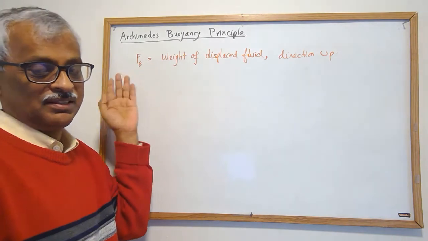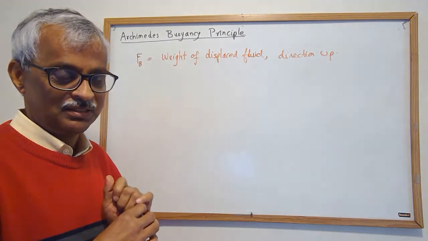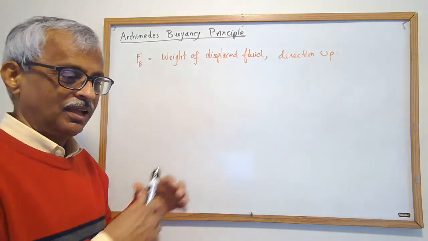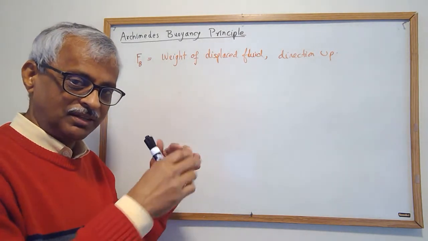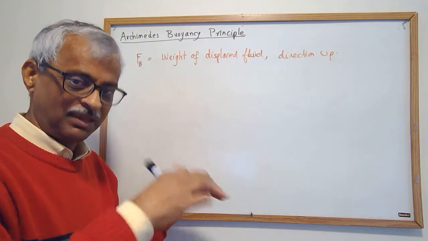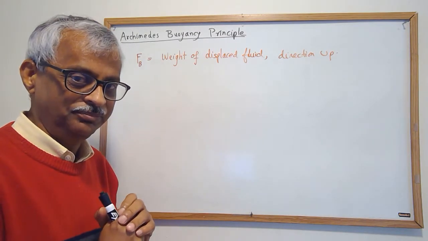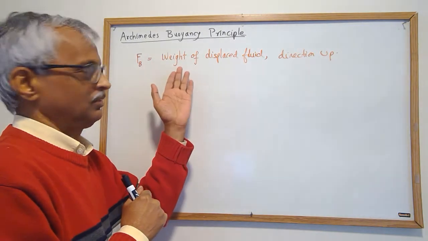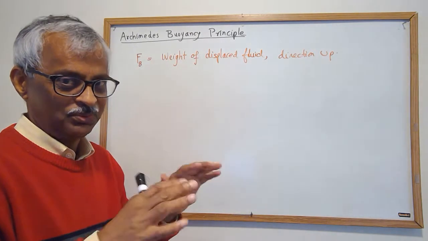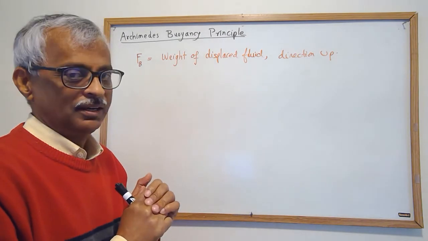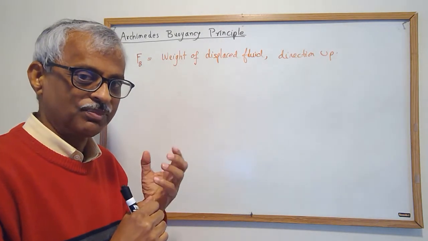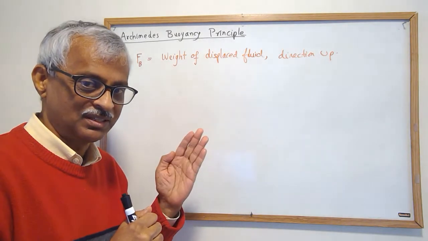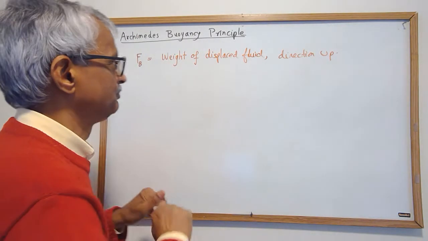The principle simply states that when an object is in contact with a fluid, and because of this contact it has displaced some fluid out of the way, then the weight of that fluid that got displaced gives a force of buoyancy on the object. We call it the buoyancy force, upward.